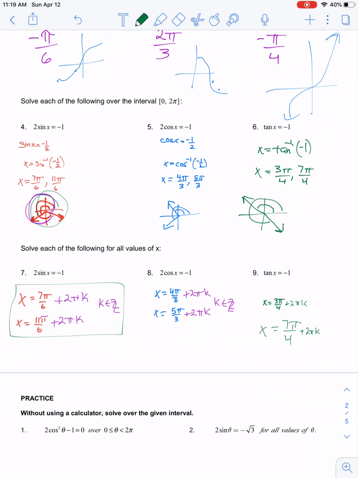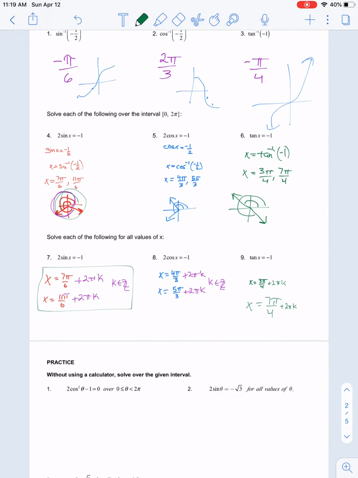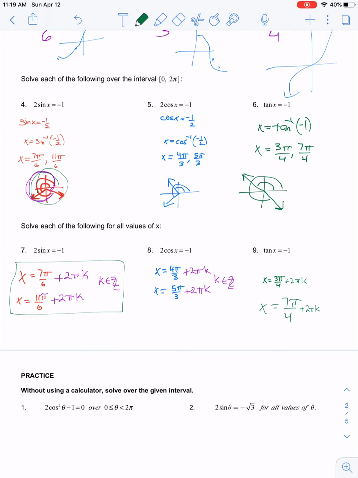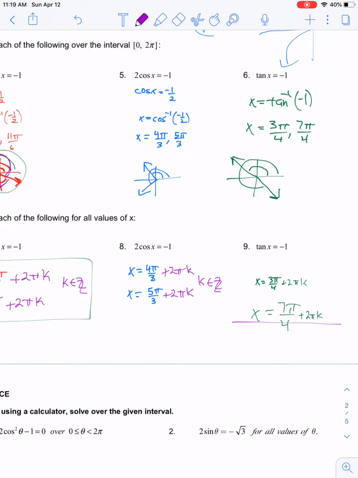But problem 6, if you look at my graph, 3 pi over 4 and 5 pi over 4 are exactly pi away from each other. So I don't need these two equations.